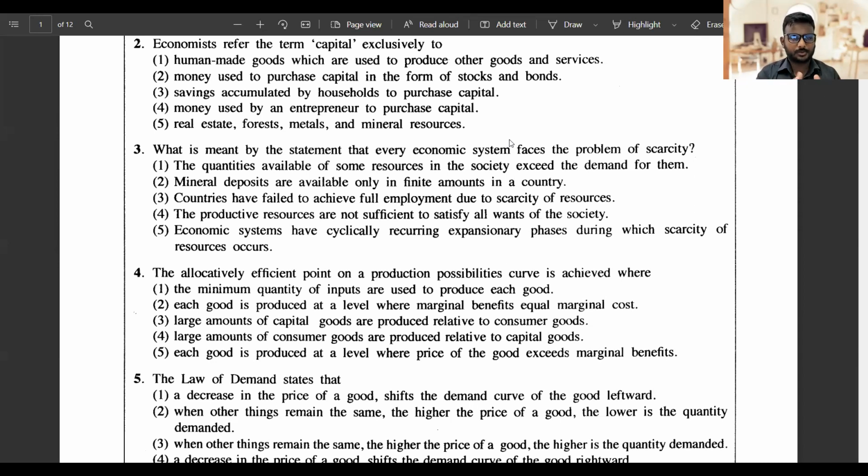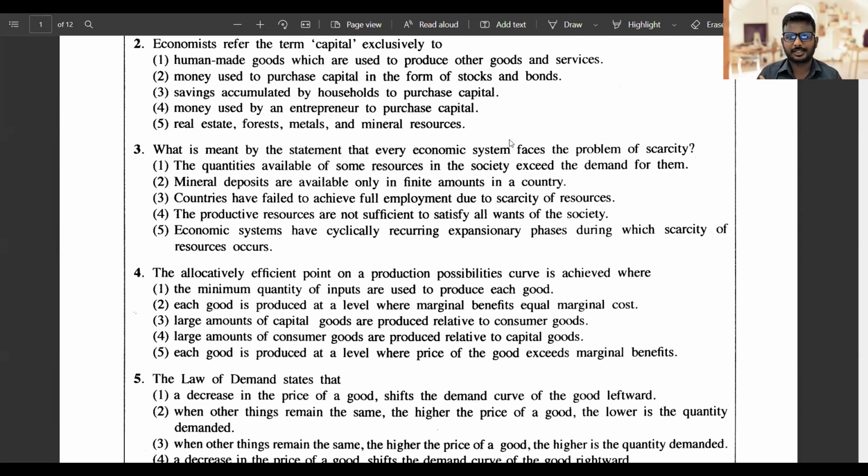So when you look at the first answer, the quantities available of some resources in the society exceed the demand for them. Now, that is not scarcity directly.